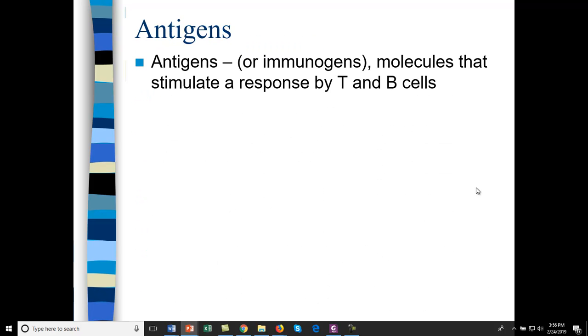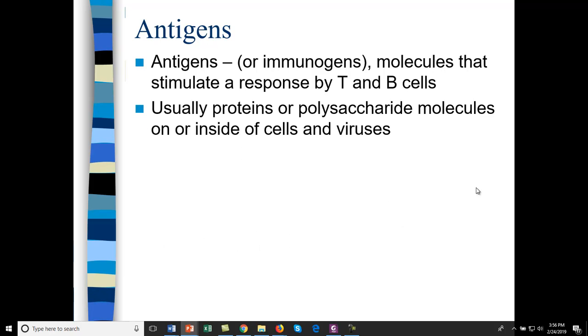Okay, so antigens are molecules that stimulate a response by T and B cells. Antigens are located on or are associated with pathogens, and we can also call these immunogens. They stimulate the immune system, and so antigen is the more typical term, but you can refer to them as immunogens as well.